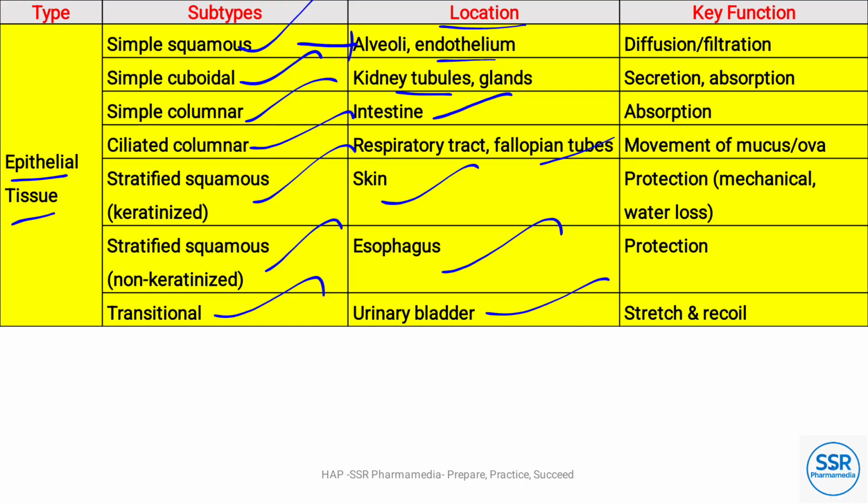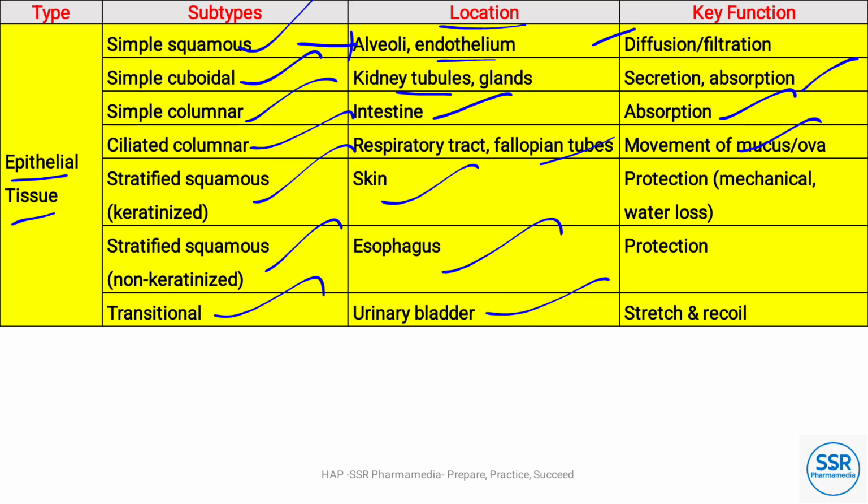Now the functions of these tissues. Simple squamous: diffusion and filtration. Simple cuboidal: secretion and absorption. Simple columnar: absorption. Ciliated columnar: movement of mucus and ova.